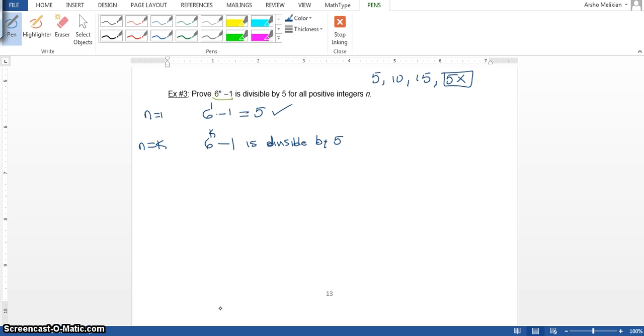Another way to write that, because we want to turn this into an equation that we can manipulate, is 6 to the power of k minus 1 is equal to 5r. Just like I wrote here, if it's divisible by 5, that means it equals some number that looks like 5r.